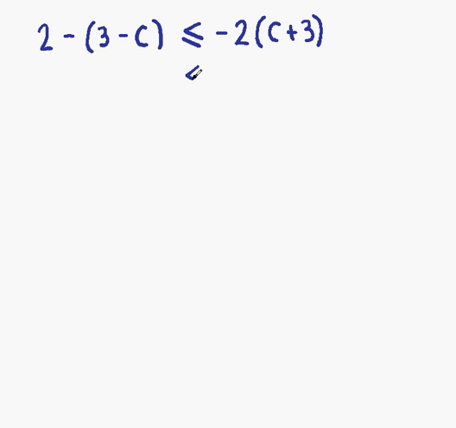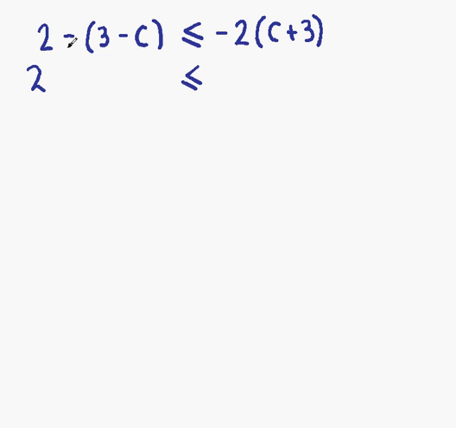So if we look at the left, the first thing we have is 2, so it's going to stay where it is for the moment. We have minus outside the bracket. If we remember back, we should know that this means minus 1 times our bracket.